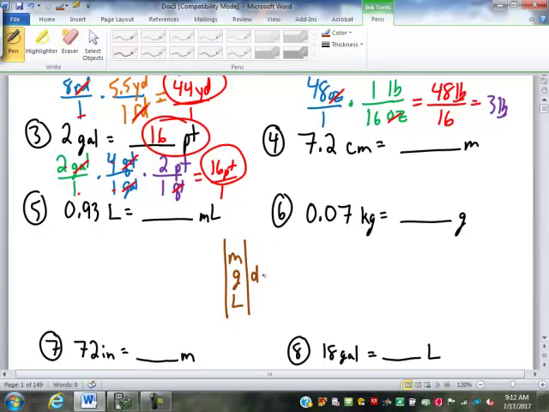This would be deci, so DG would be decigram, decimeter, deciliter. Centi is a hundredth. Then it's milli. Milli is a thousandth. Going the other way, it's deca, which is DAM, DAG, DAL. Then hecto, which almost never gets used, and kilo.